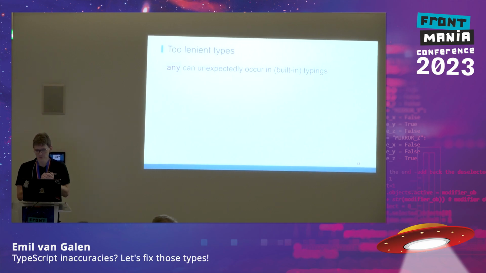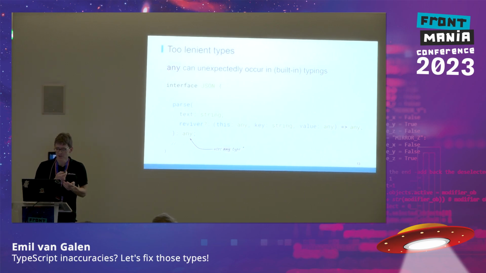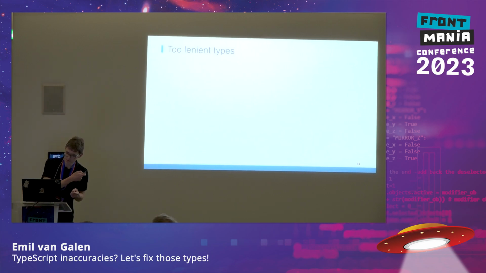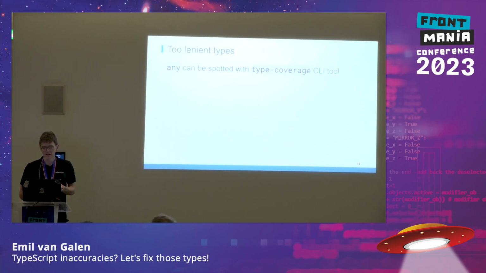Also, any occurs in the built-in typings that are shipped with TypeScript. Actually, JSON.parse has an any return type. This is fixable, but it's not fixed by TypeScript. I will describe how later on. And in order to get a grip on any, there's this nice little tool called type-coverage, and it will spot all the any in your code and everywhere it leaks to.